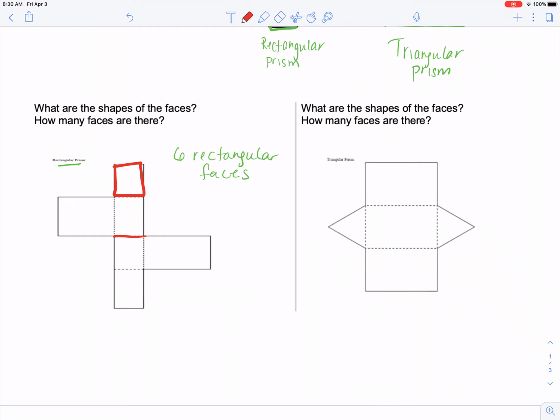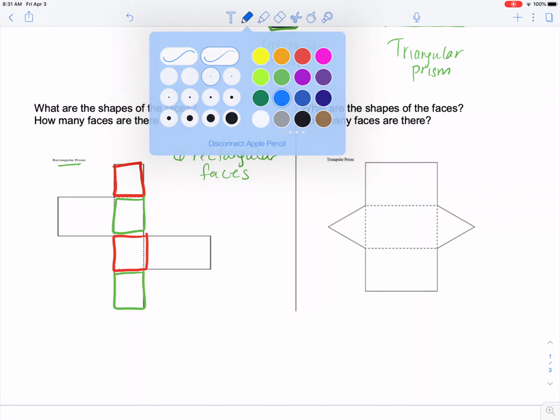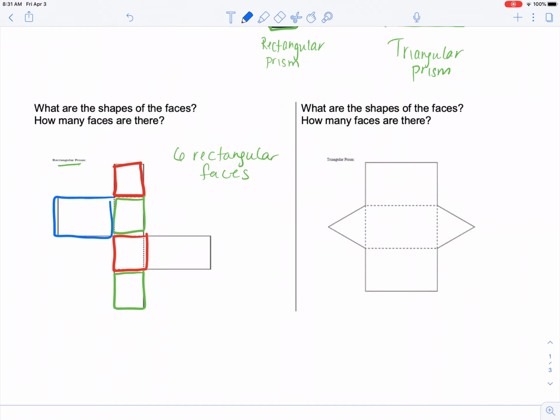This one would be opposite when you fold it to the other side. This one here will be parallel and congruent to that one. And finally, these two. So when you get the surface area of a rectangular prism, you really only need to get the area of 1, 2, 3 of those rectangles, and each of them you multiply by 2 before adding them up.